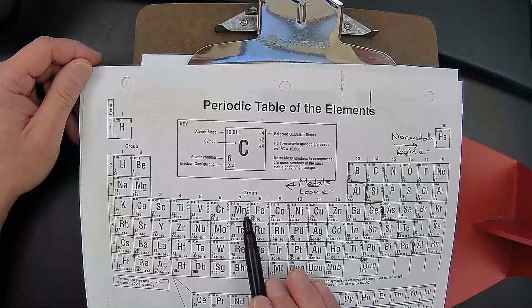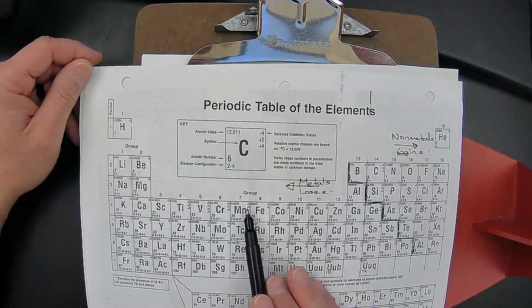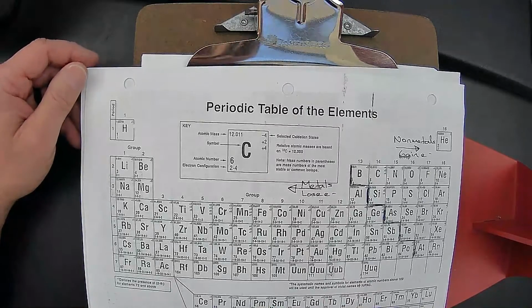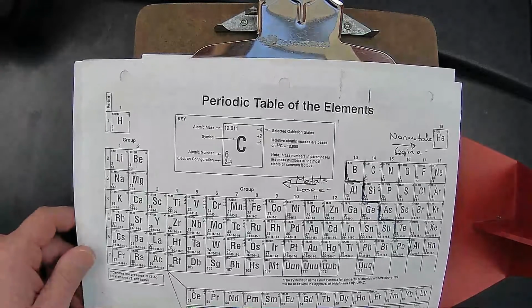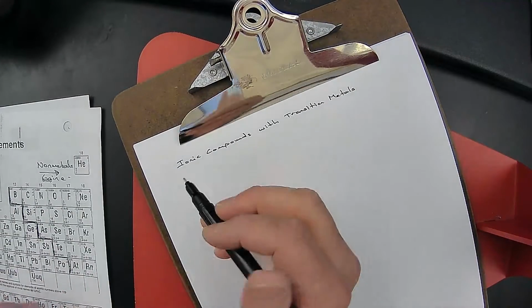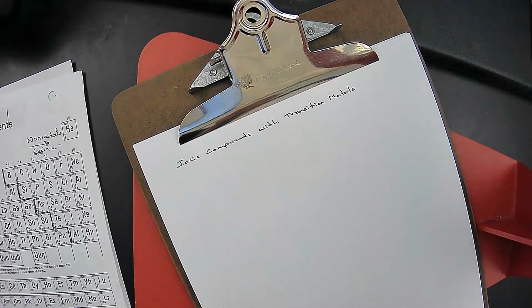For instance, Mn can lose 2, 3, 4, or 7 electrons to become a 2 plus, 3 plus, 4 plus, or 7 plus. So the question is, how do we determine which ion it is for that specific element?